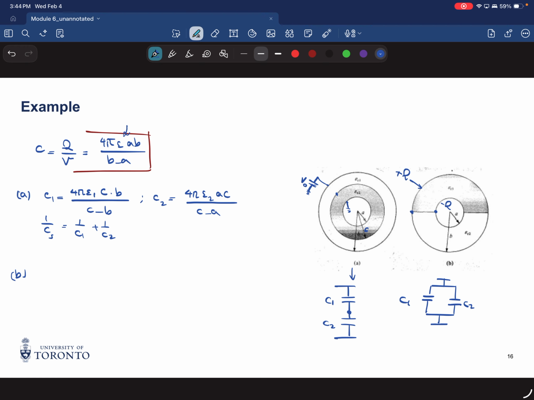So C1 would be 2 pi epsilon 1 A B over B minus A, and C2 would be 2 pi epsilon 2 A B over B minus A. So you're taking half of the surface of the inner conductor to find Q. And then C parallel is C1 plus C2.